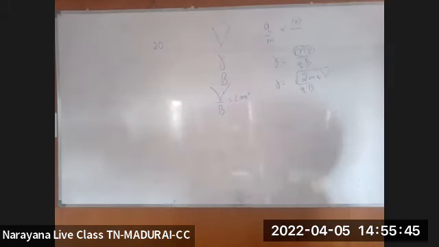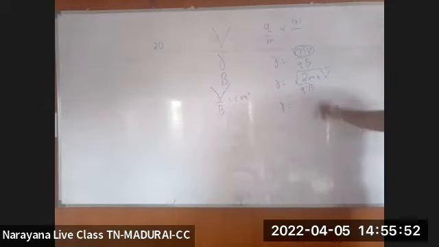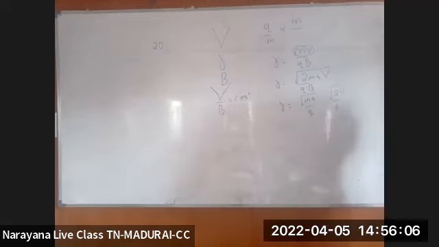So R, you keep this side, and R is equal to what I can write? Under root of m into V divided by q, and root 2 into V by magnetic field I will write aside.